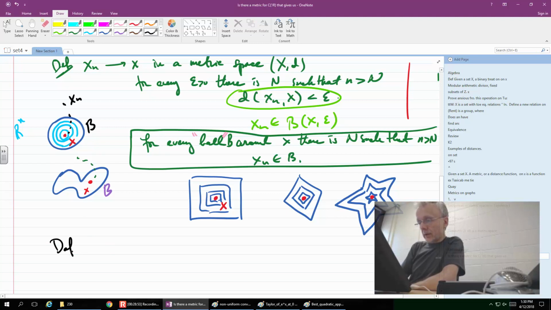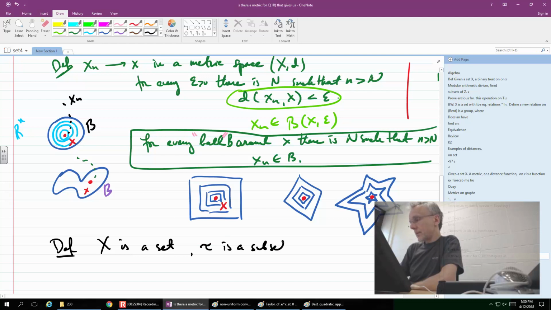So this is the definition. X is a set. Tau is a set of subsets of X. Okay.